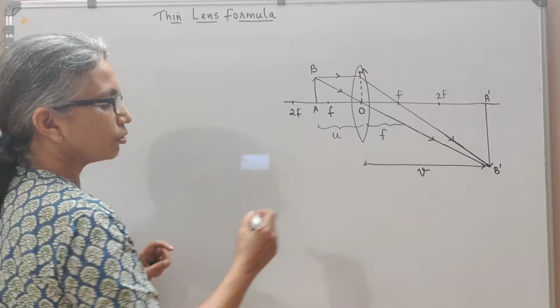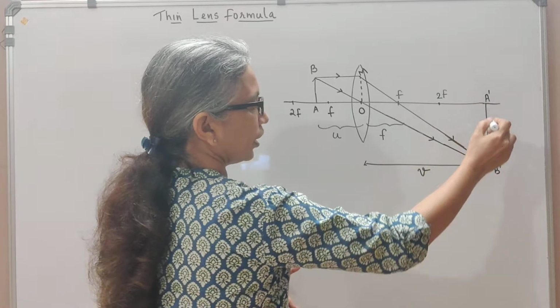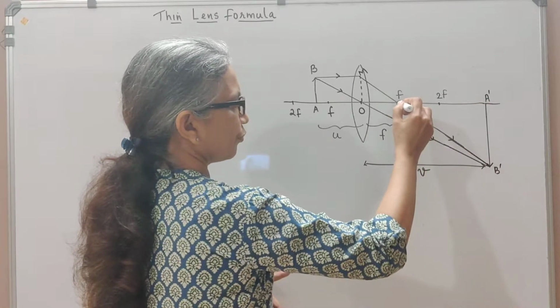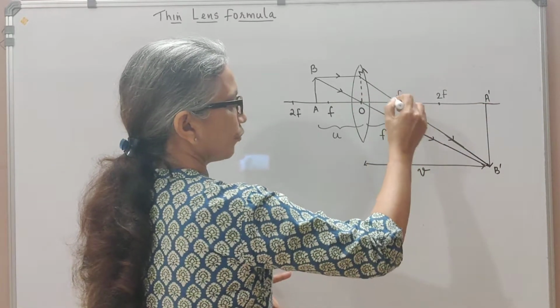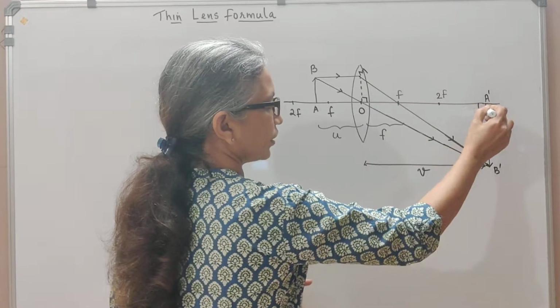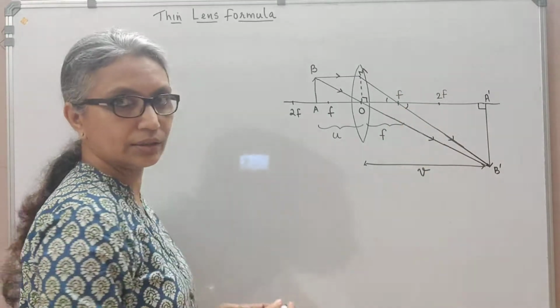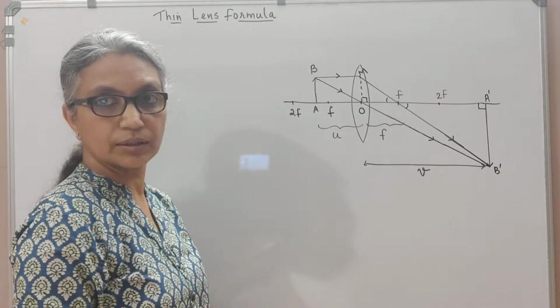First, let's look at the two triangles here, A-B-F and O-M-F. These two triangles are similar because we have a 90-degree angle here and vertically opposite angles here, by the AA criterion, and we may take the proportionality.